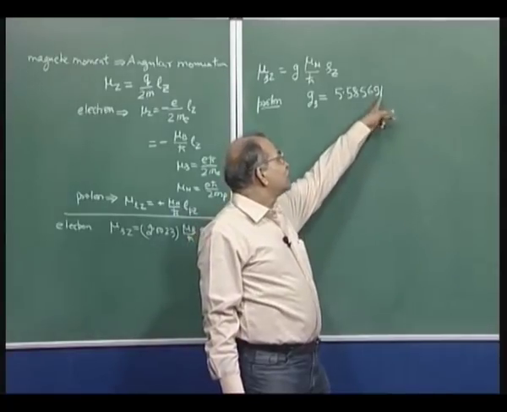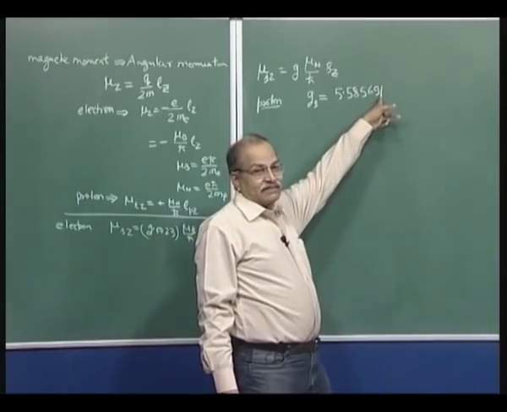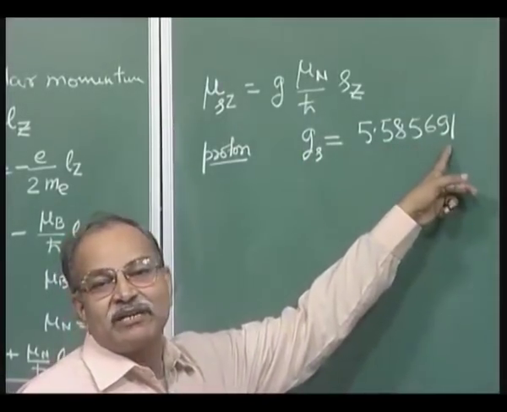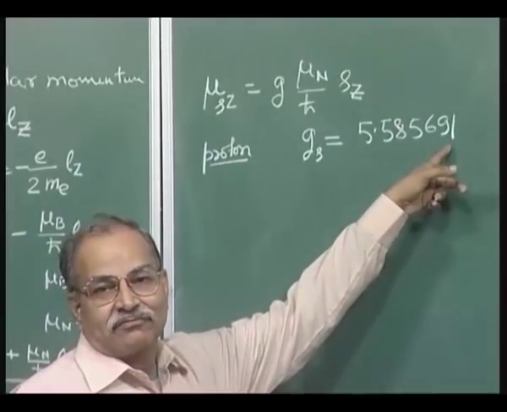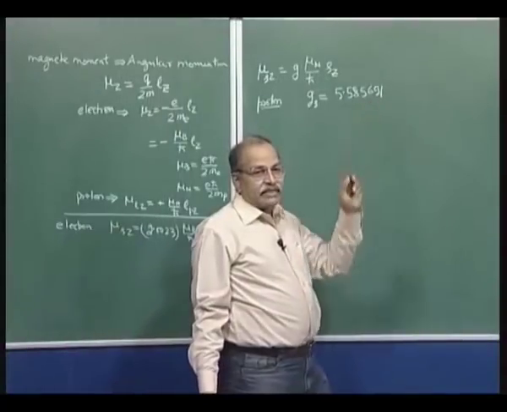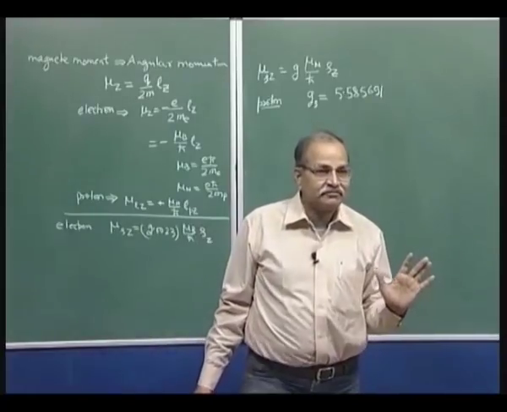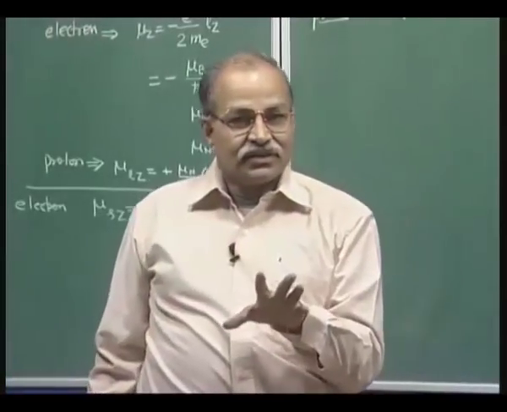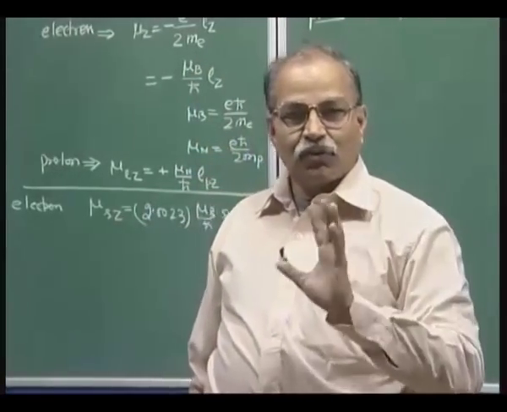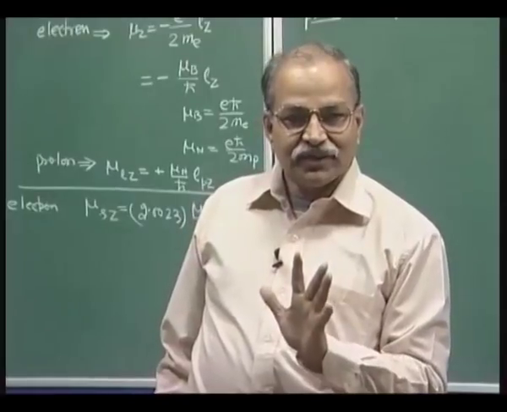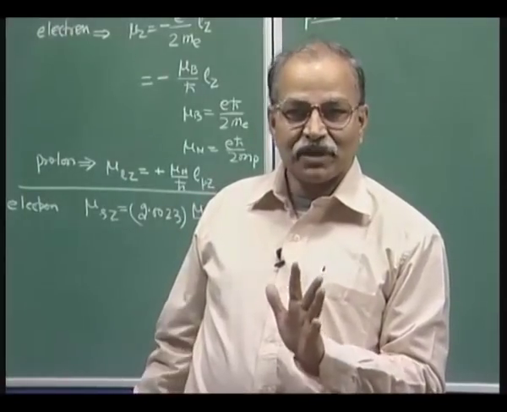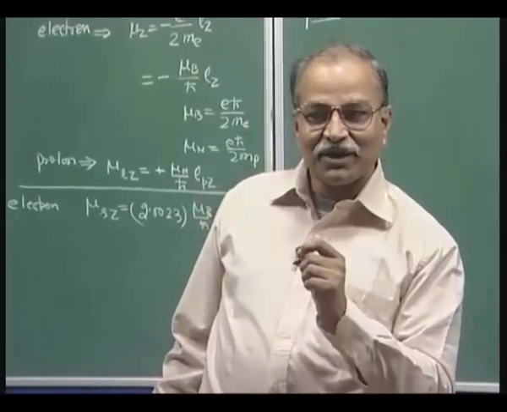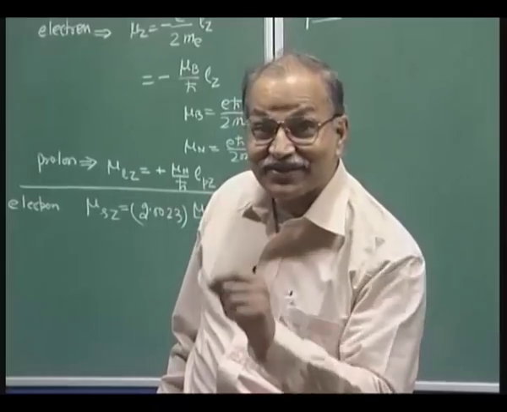The difference is only in the last significant digit. So G s is this much, very different from what it is for the electron, and that is because the electron is a structureless particle. The electron does not have any internal structure. It is just an electron with no further inner structure, not a composite particle, a fundamental particle. Whereas the proton is not a fundamental particle in that sense, it has internal structure.